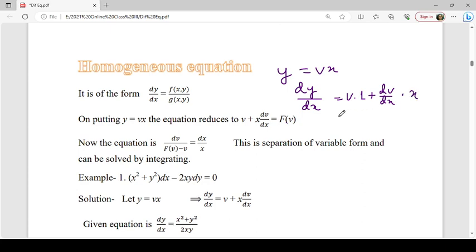So it is v plus x dv dx. So this is v plus x dv dx, and this is equal to f of v.